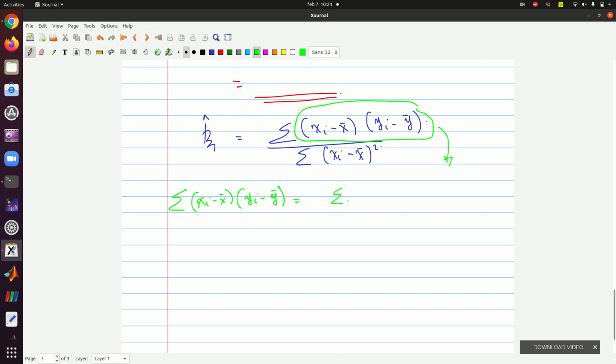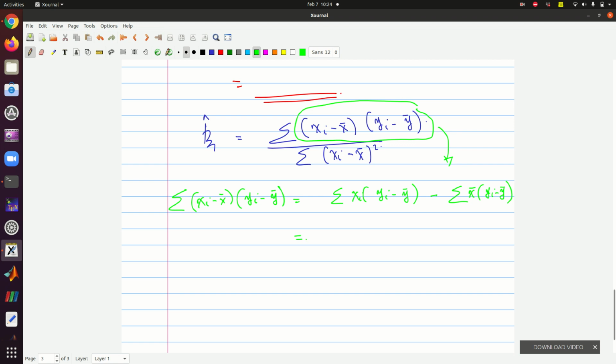We can say it is going to be the summation of xi into (yi minus y bar), then minus the summation of x bar into (yi minus y bar).